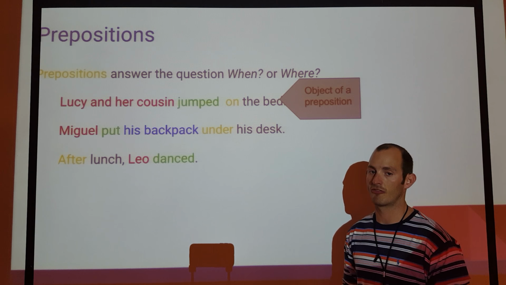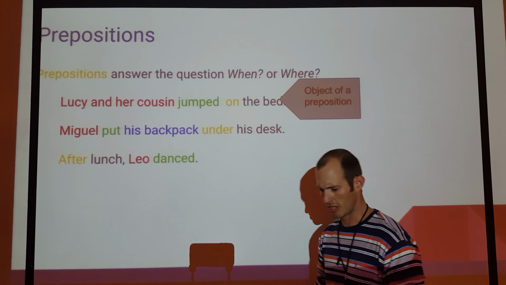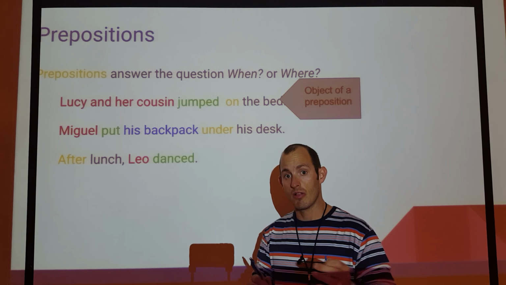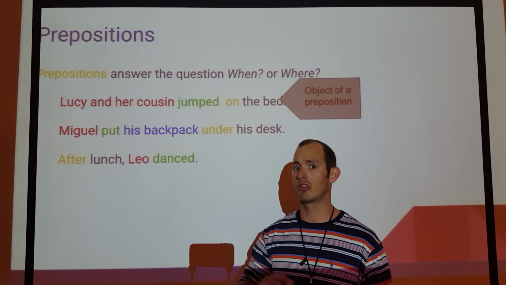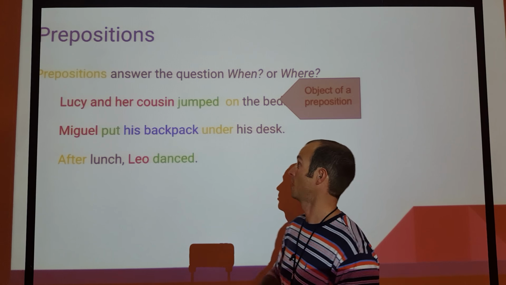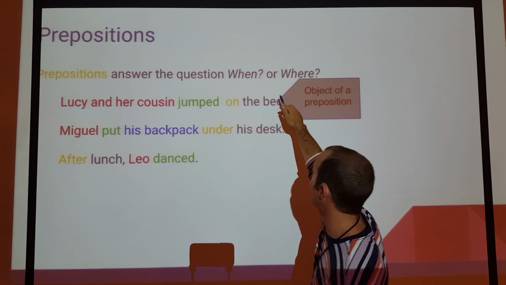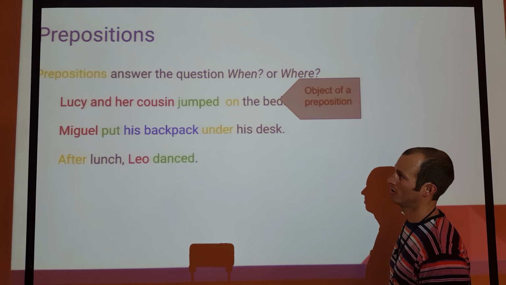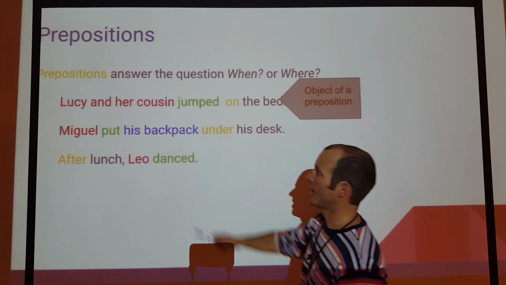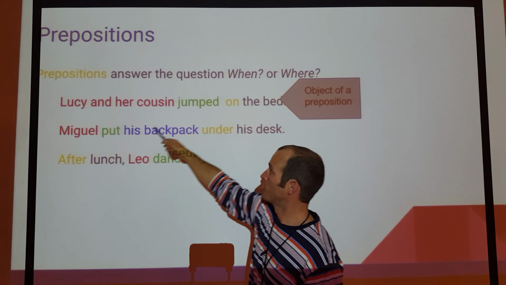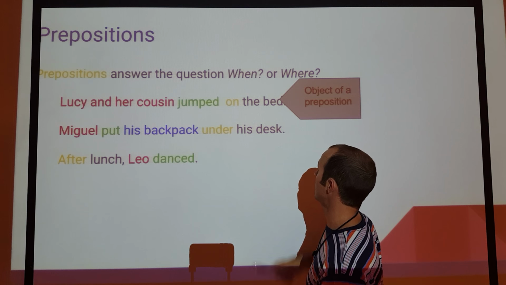Prepositions. This is a new thing for us. The other two things we've already kind of gotten used to. Prepositions are a totally new thing, for most of us, anyway. Prepositions answer the question when or where. In this case, Lucy and her cousin jumped on the bed.